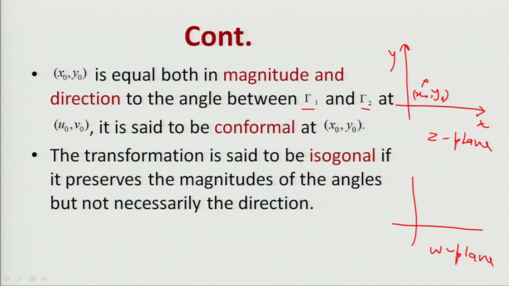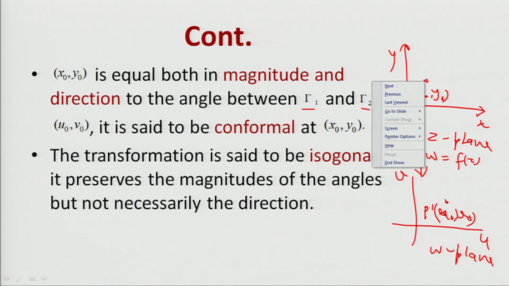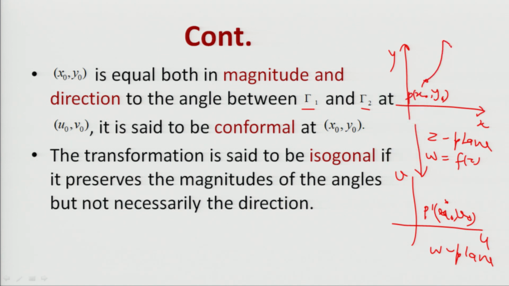This is the x axis, y axis; here u, v we have already taken. Suppose there is a transformation w = f(z) which maps this point P to P', that is (u0, v0) in the omega plane, and suppose that there are two curves at P, C1 and C2, and the angle between these two is alpha.